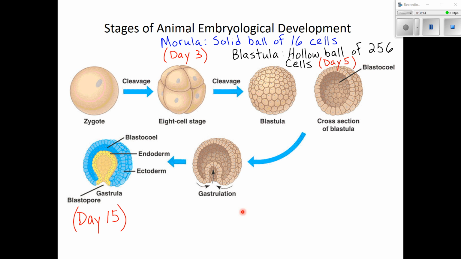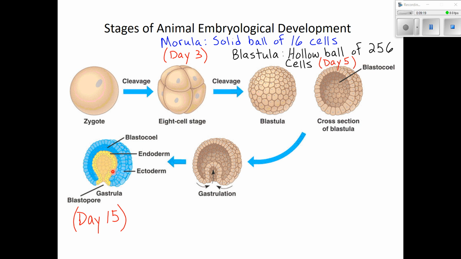Now, right around the 15-day point for human embryos, as the archenteron is folding inward even more to make this pouch, another really important step begins to take place. And that is, now we can no longer say that every single cell in this embryo is totipotent or pluripotent, because the cells have begun to specialize.